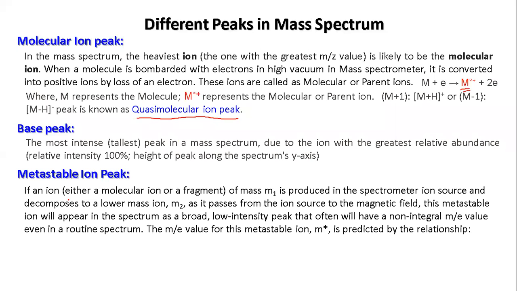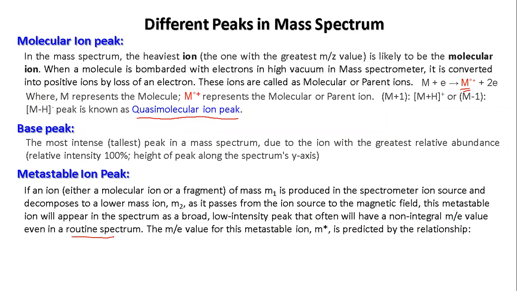If an ion, either a molecular ion or a fragment ion of mass M1, is produced in the ionization chamber and decomposes to a lower mass M2 as it passes from the ion source to the magnetic field, this metastable ion may appear in the spectrum as a broad, low intensity peak, often with a non-integral m/z value, even in the routine spectrum.